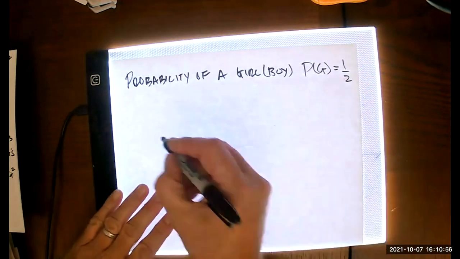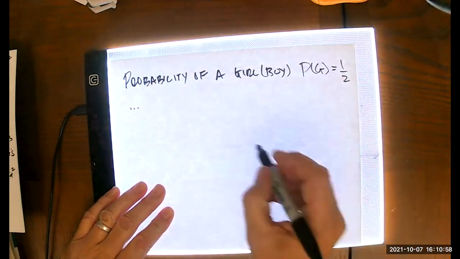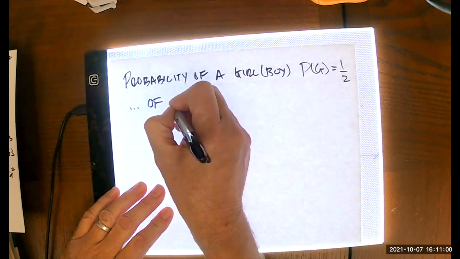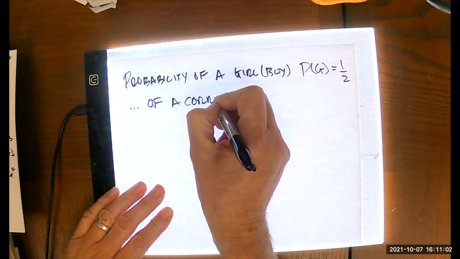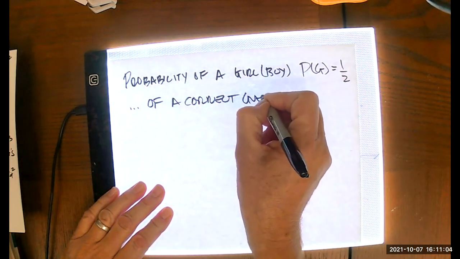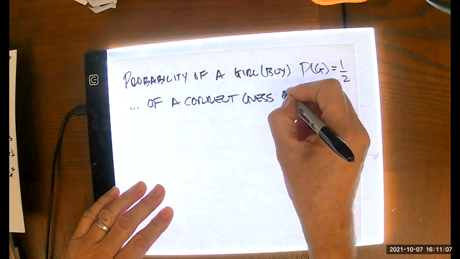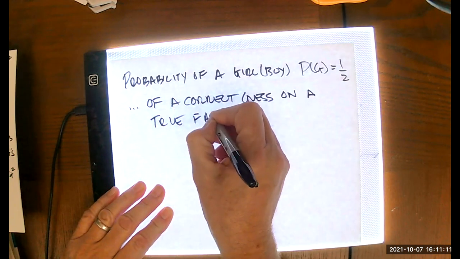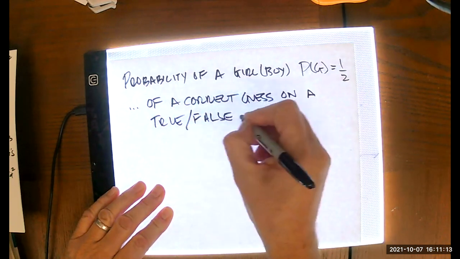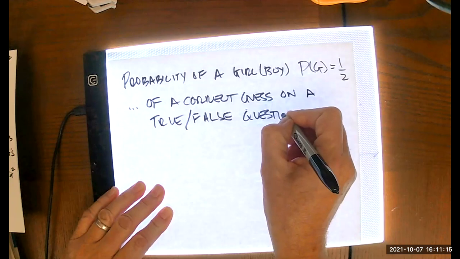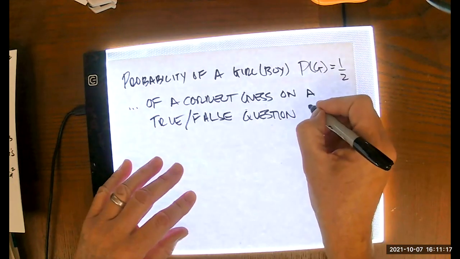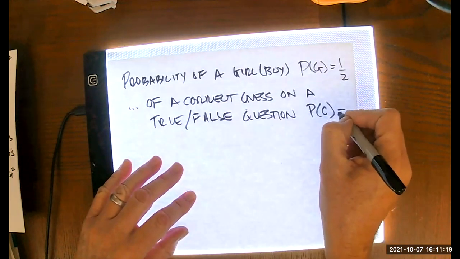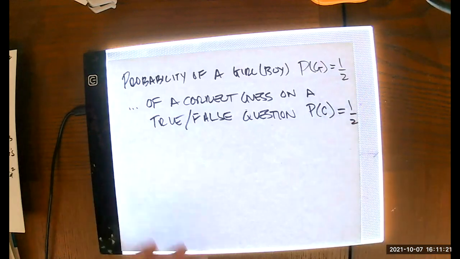And then we have various plays on this. Probability of a correct guess on a true-false question. You're expected to know that the probability of correct is 1 out of 2.